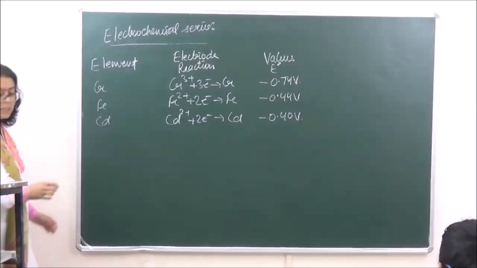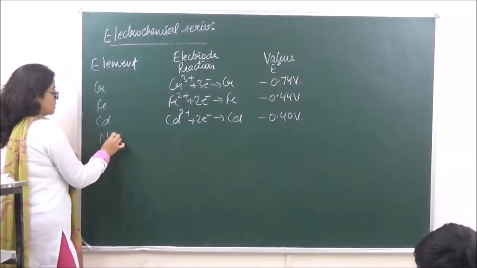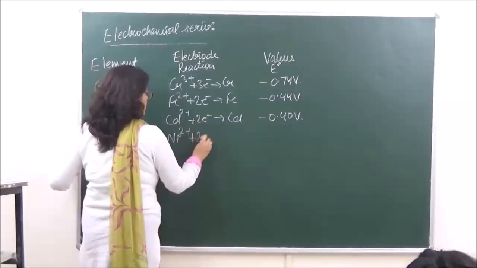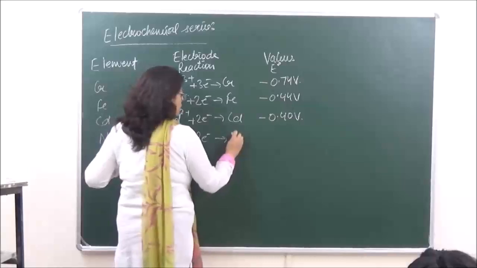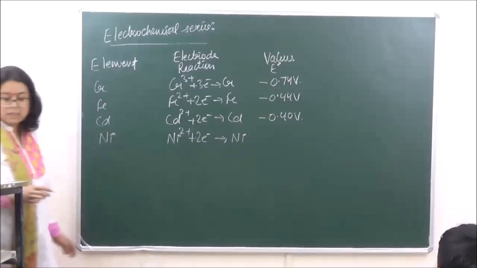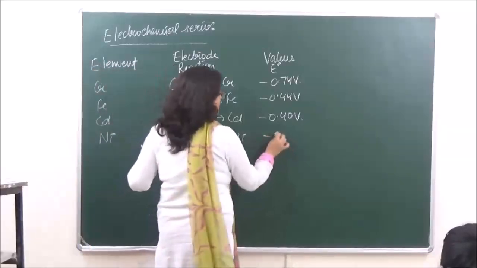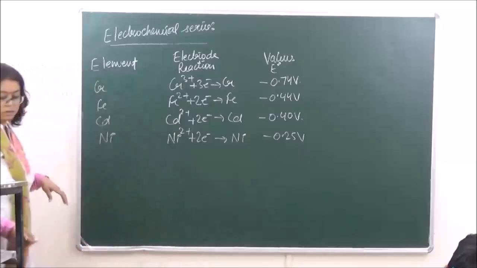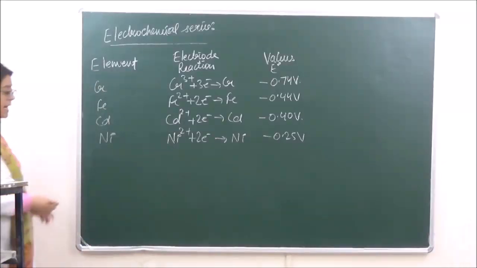After cadmium is nickel: Ni2+ plus 2 electrons to give nickel, and the value is minus 0.25 volts.